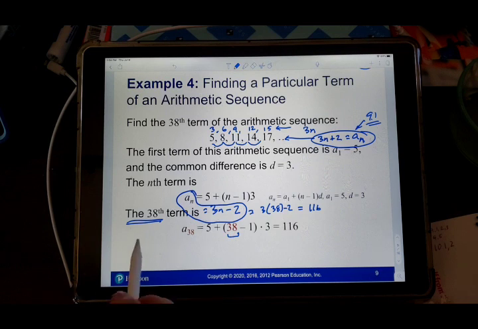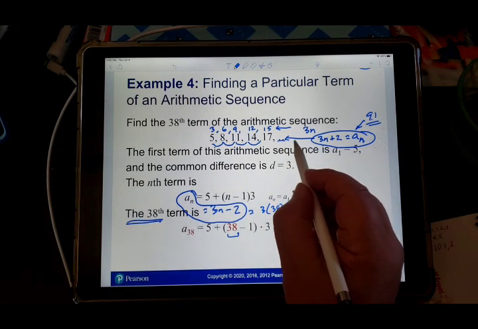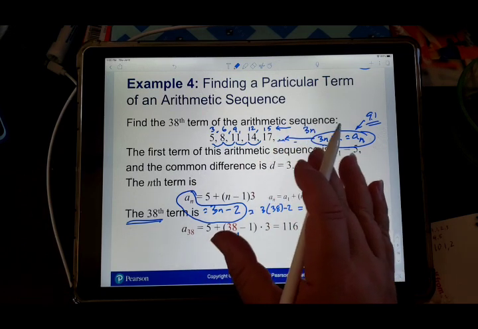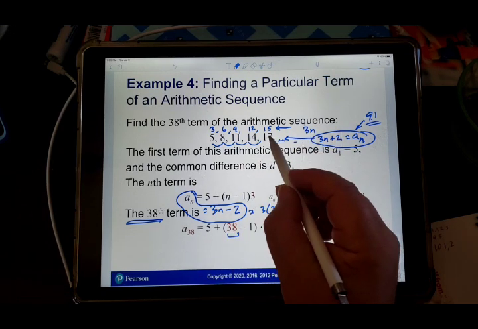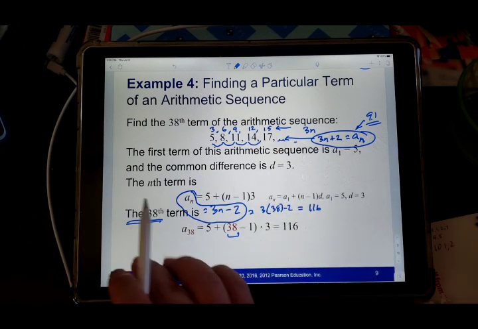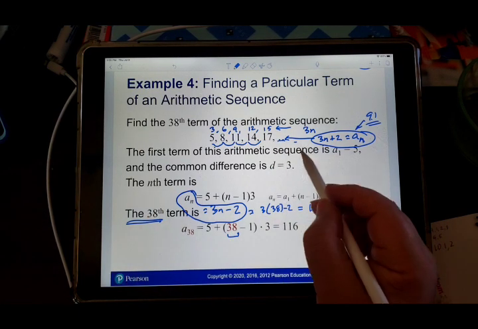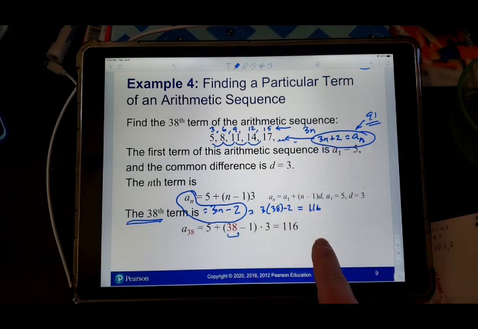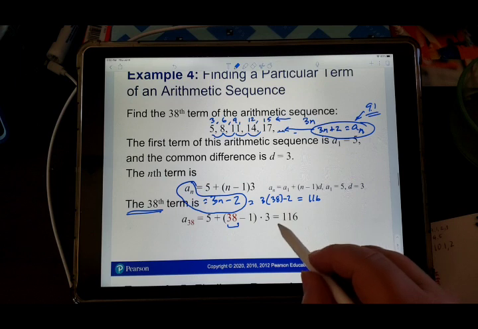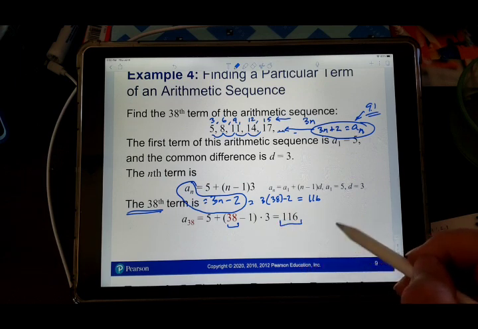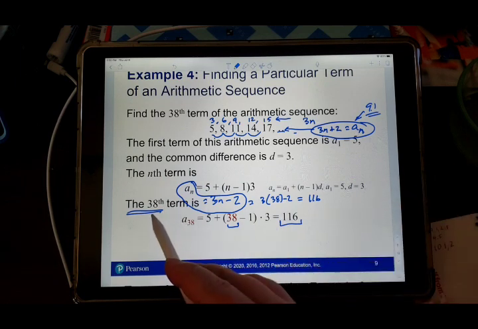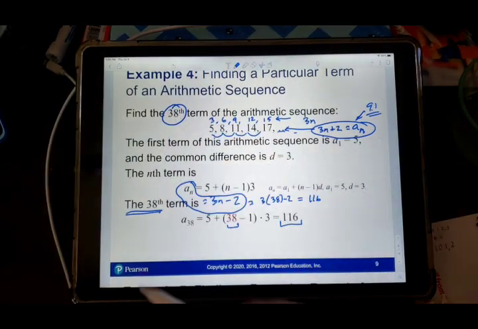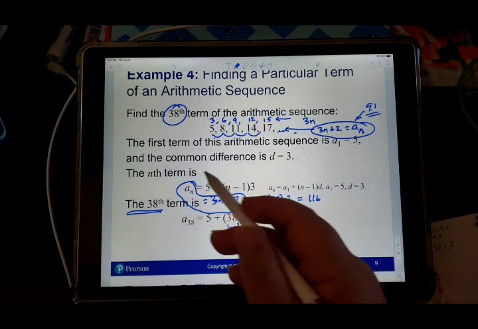Now let's back up on this. Some students would try to find the 38th term just by extending the list, but I keep on telling you, that's not what they're trying to get us to do. They're not trying to get us to make a list 38 terms long to find the 38th term. They want us to be more mathematical than that, more clever than that, I suppose. And I will warn you that, if an example like this is in the book or on the website, one time it might say the 28th term, and you say, oh, no problem, I'll do 28.